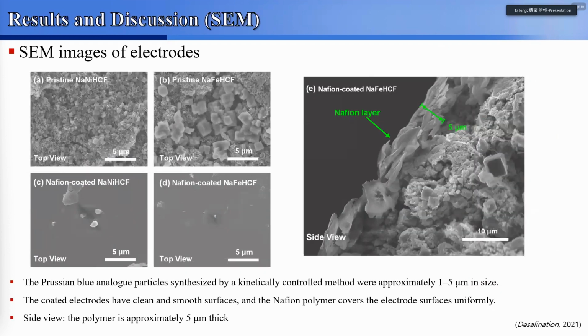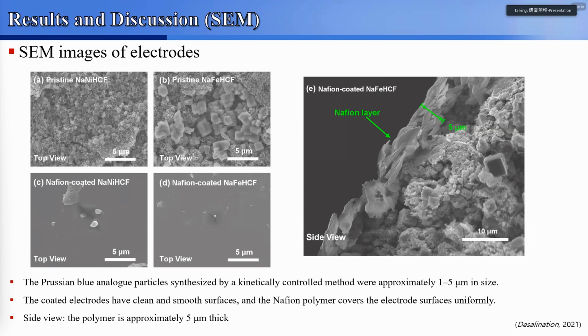And this page shows the morphology of the electrodes by SEM. The upper figure shows the pristine Prussian blue analog electrodes, and the lower figure shows the Nafion coated electrode.